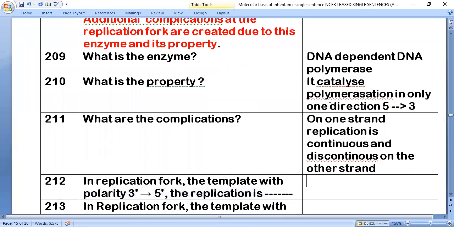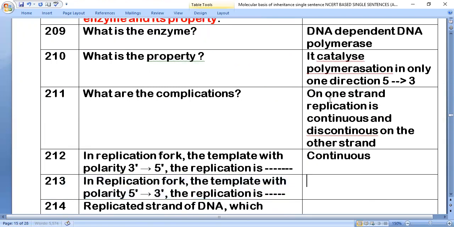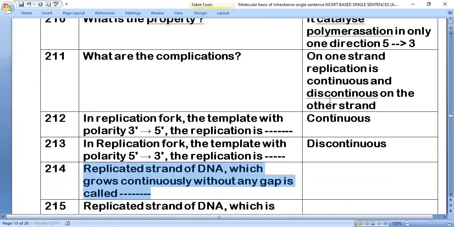If in the replication fork the template has polarity 3' to 5', the replication is continuous. In the replication fork, if the template has polarity 5' to 3', the replication is discontinuous.